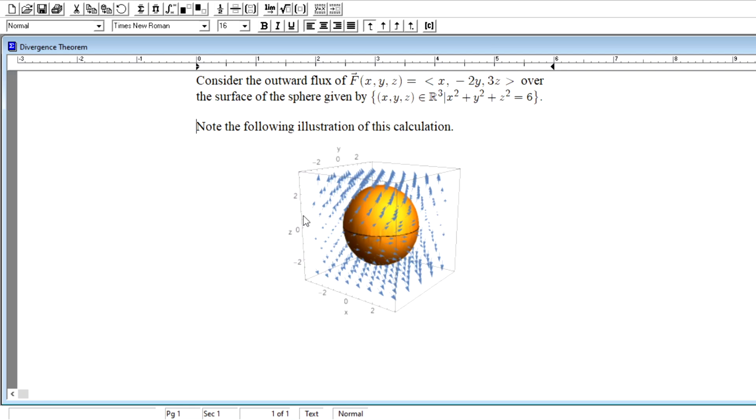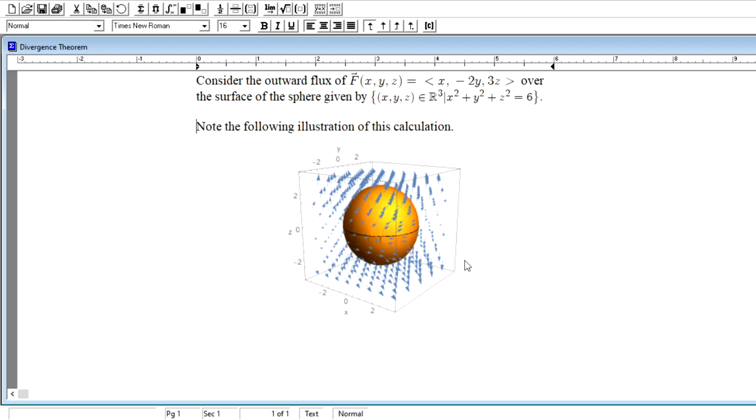What you can see in this illustration is our surface, that sphere, with a radius given by the square root of 3, which is somewhere between 2 and 3 in value, for the sphere centered at the origin, where we have this field moving through the sphere. You can see the upper half is moving up and out, twirling to the right, whereas the bottom is moving down and out, also twirling to the right.